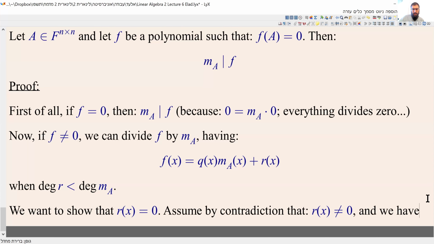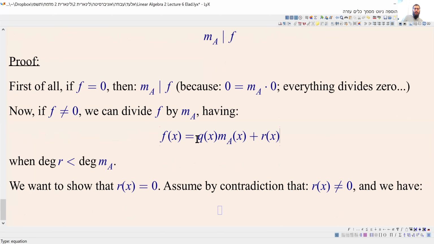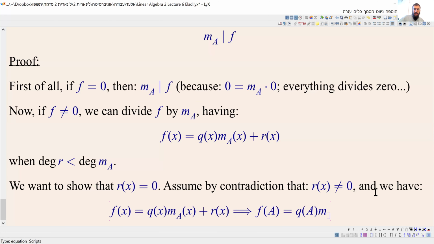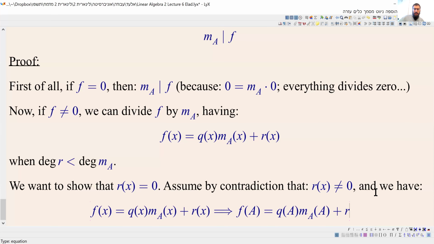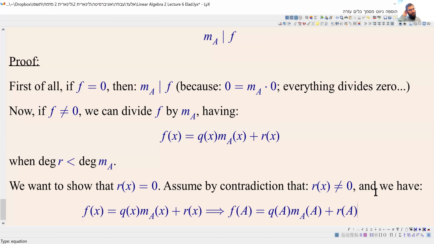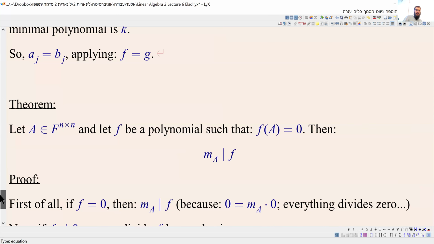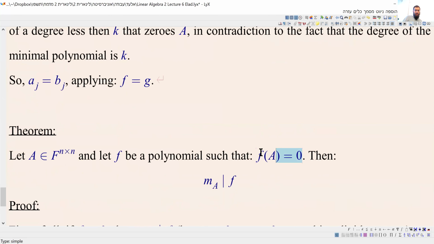And if we put A inside the equation, we get F(A) is Q(A) multiplied by M_A(A) plus R(A). Now, it's given to us that F(A) is 0.